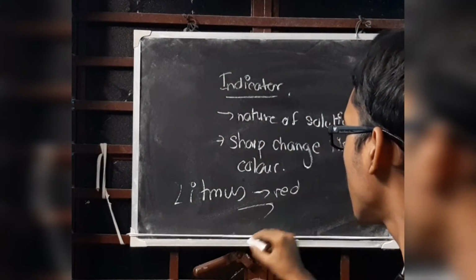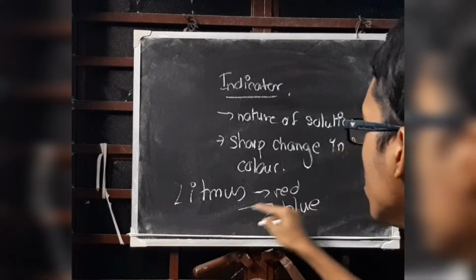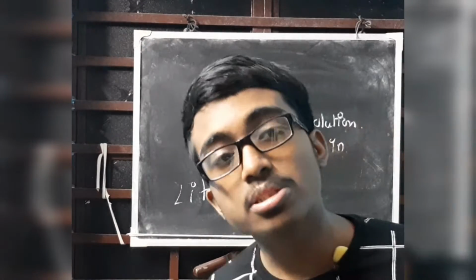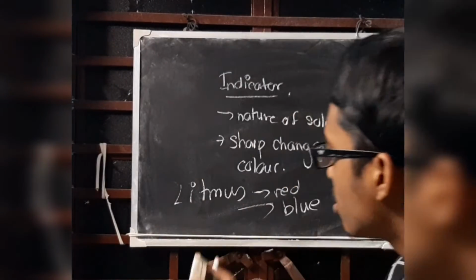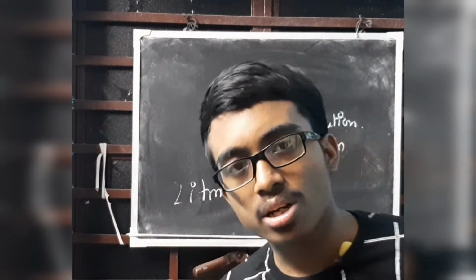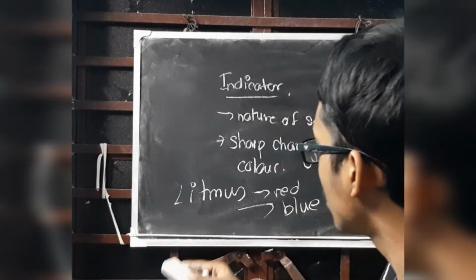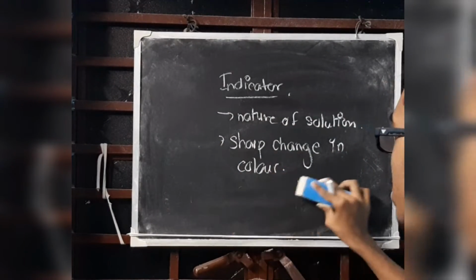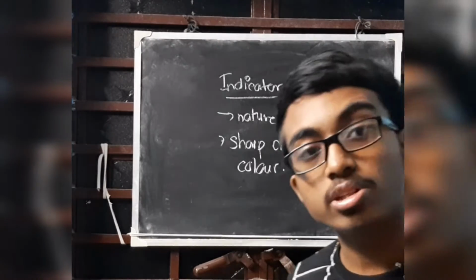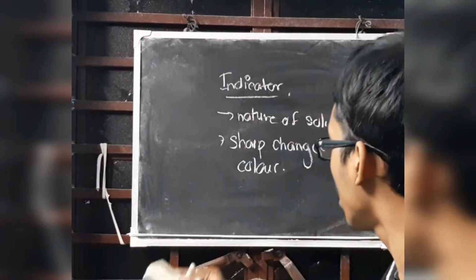You put a base, it will turn blue. So this is a color change. So litmus is an indicator. Litmus is not the only indicator, there are many other indicators which will be coming to us shortly. So the definition of an indicator must have these 2 points: nature of the solution and sharp change in color.